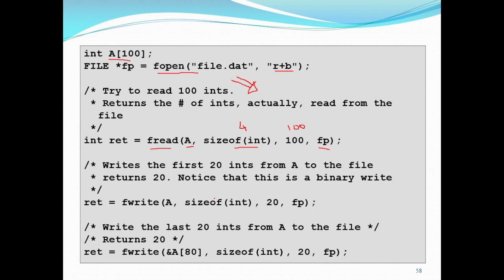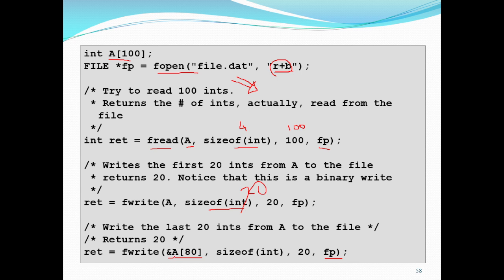Okay, so since we have read and write permission here, we are able to write a bunch of data back to this file. Again, in this case we are trying to write 20 integers to the file, and then we are trying to write the final, or last, 20 integers to the target file.